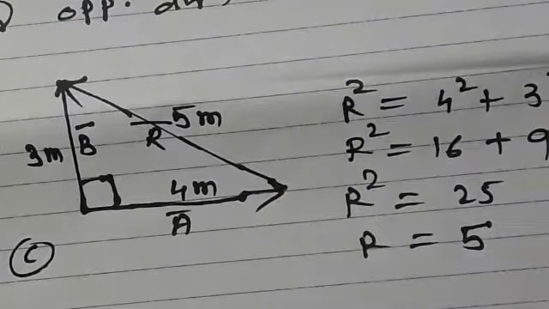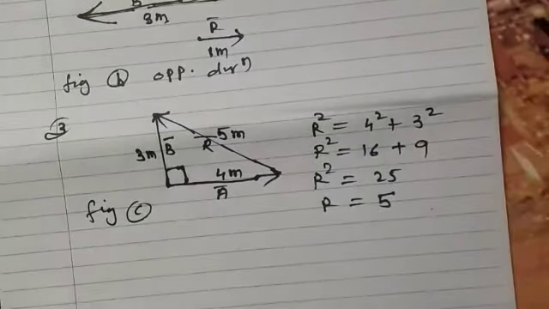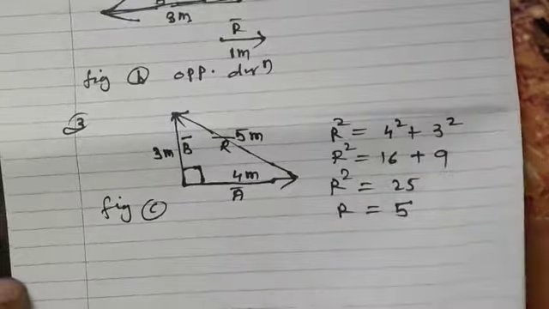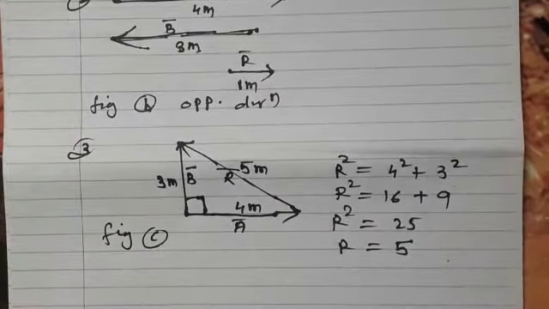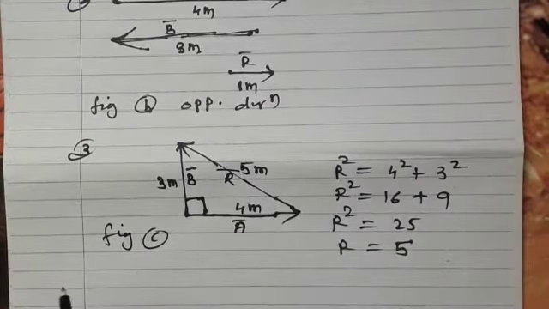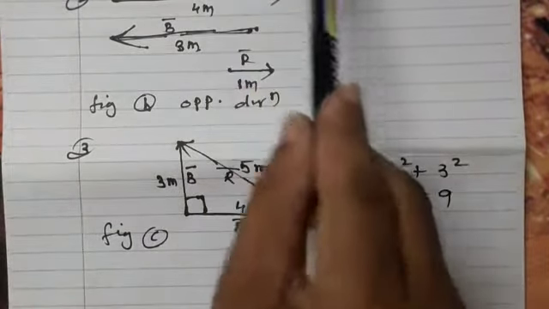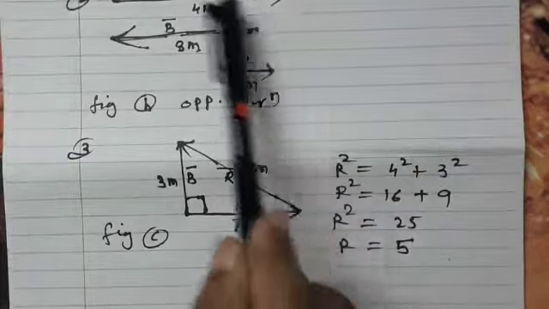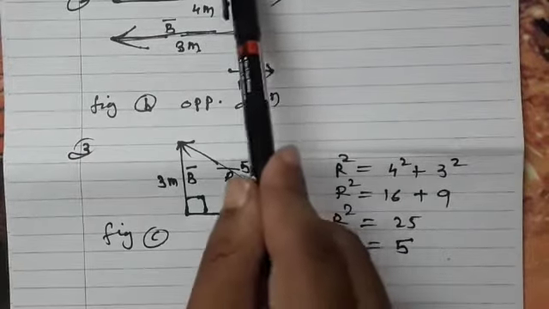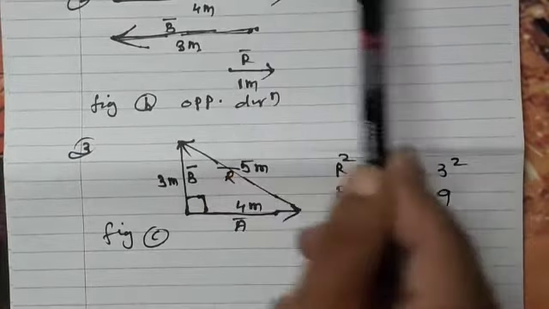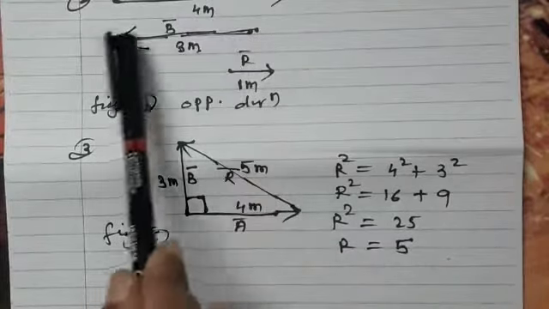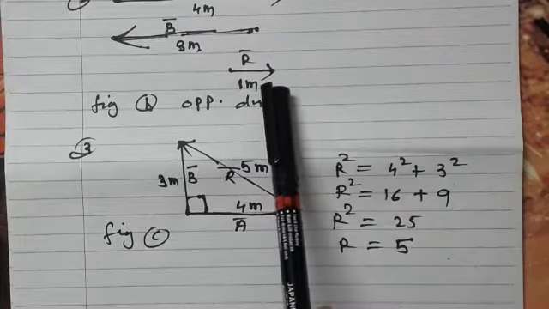From these three considerations, the above consideration shows that vectors cannot be added or subtracted by the rules of algebra. If the two vectors are in the same direction, the resultant is 7 meters. If the two vectors are in opposite directions, the resultant is 1 meter.